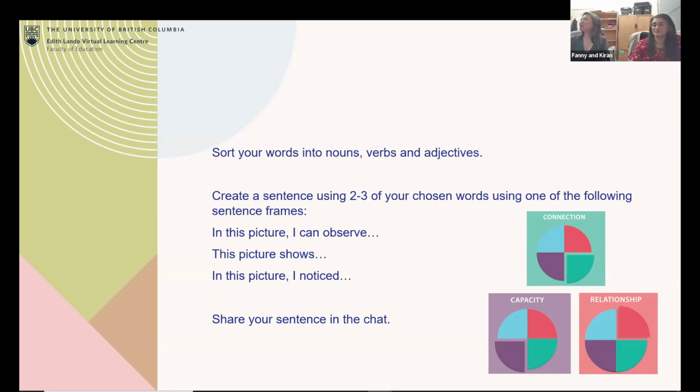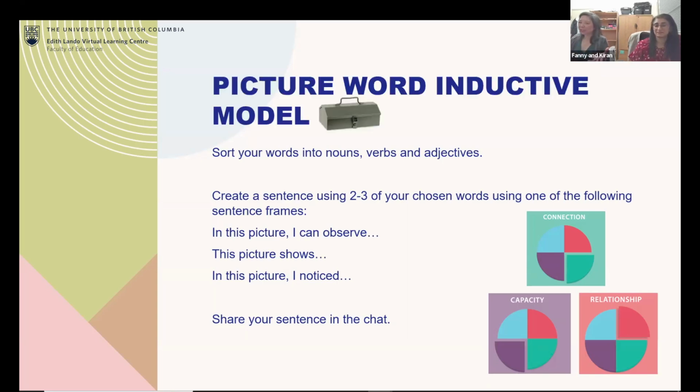So this is called the picture word induction model. So essentially you start with an interesting picture. In the classroom, sometimes I make several pictures. Sometimes I slide them in one of those plastic sleeves and I get the kids to write on them, or I might have one big one and I might project it onto the whiteboard and I might help them with all the words and get them to generate some words with me.